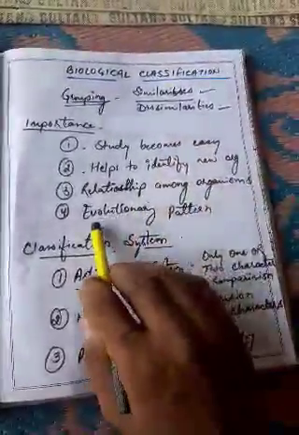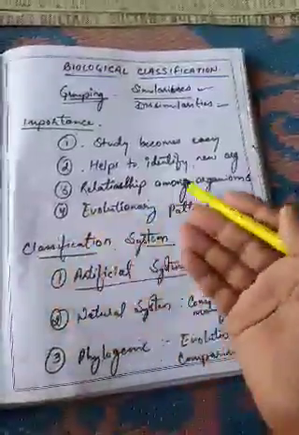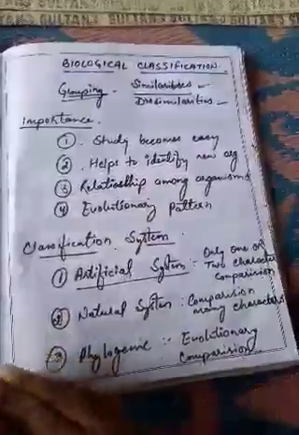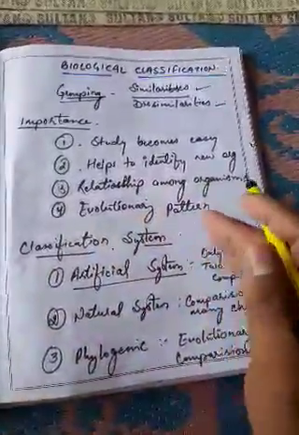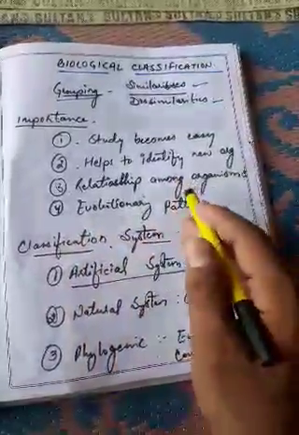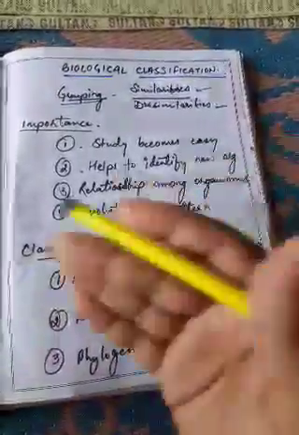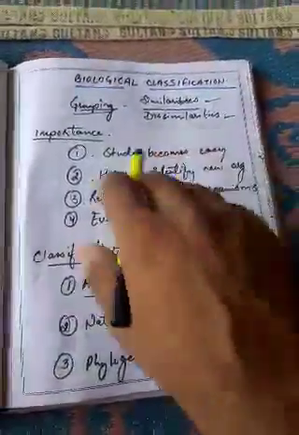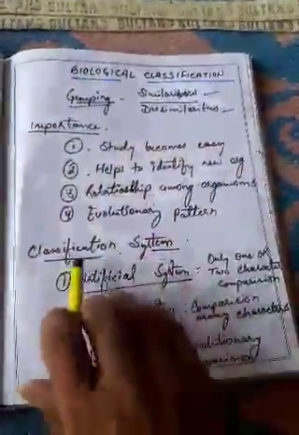Number four, evolutionary pattern, how they have evolved from very primitive organisms to highly developed organisms. Their evolutionary pattern, also the development pattern from the beginning of life till now, can very easily be studied by biological classification. So this is the importance.